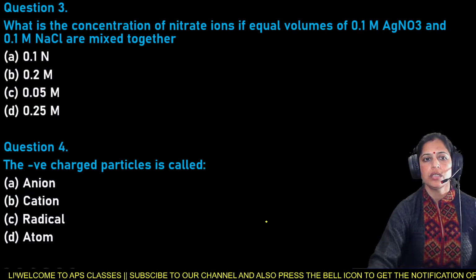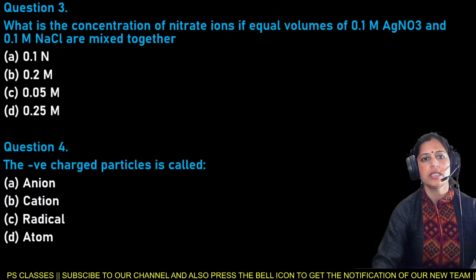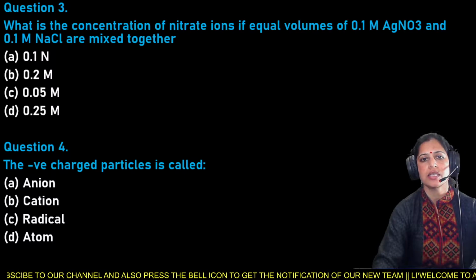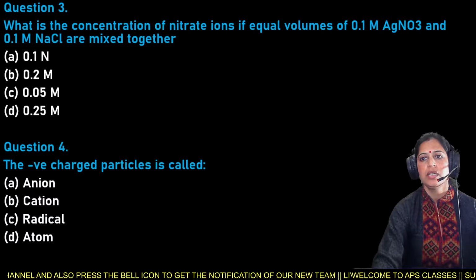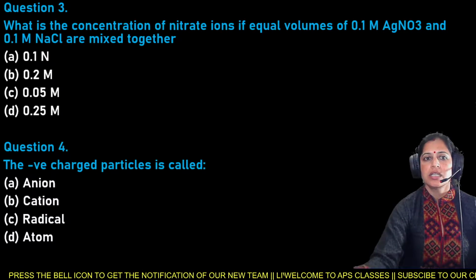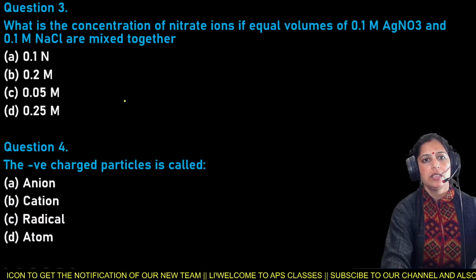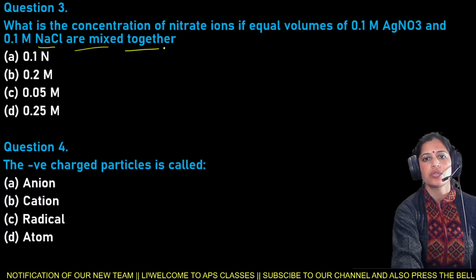Now shift to question number 3. What is the concentration of nitrate ions if equal volumes of 0.1 mole AgNO3 and 0.1 mole NaCl are mixed together?